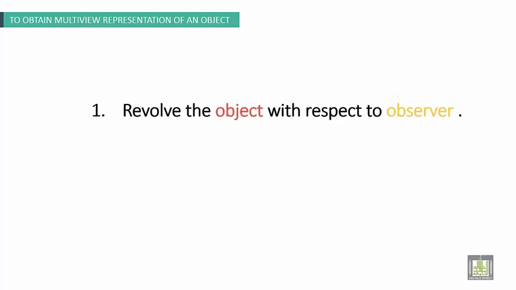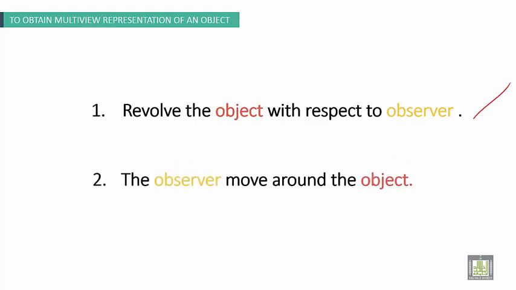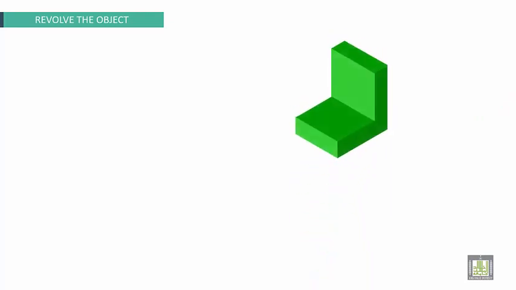To obtain a multi-view representation of an object, we have to revolve the object with respect to the observer, or the observer moves around the object. Here we have an object. We can revolve the object to obtain this view, for example.